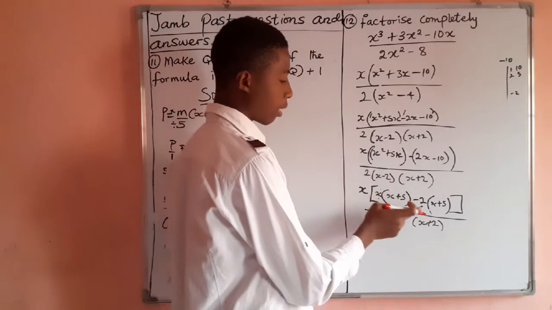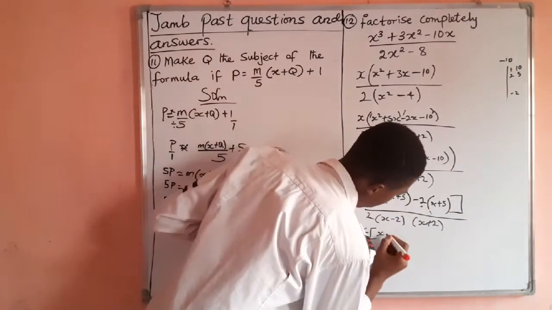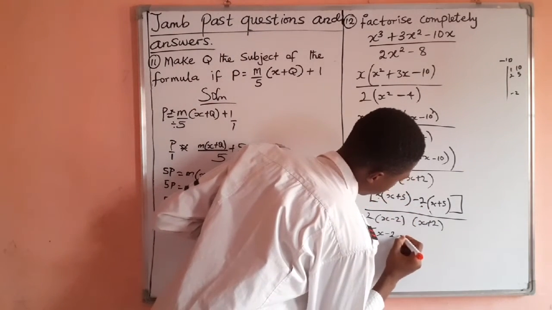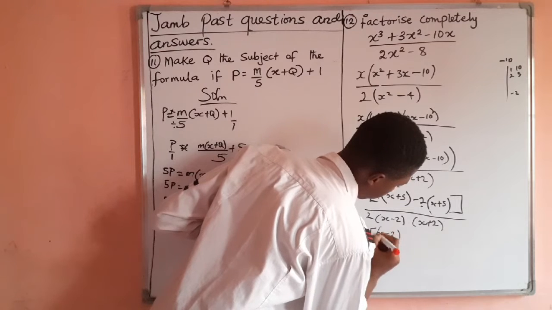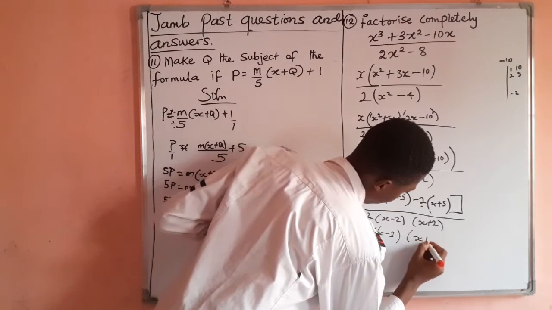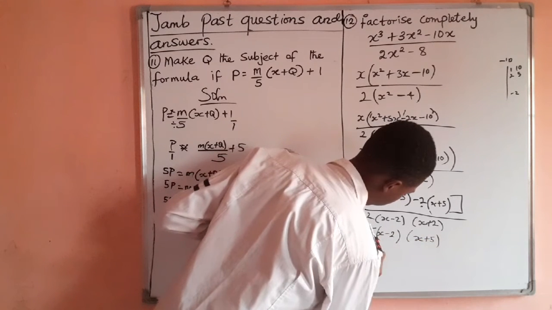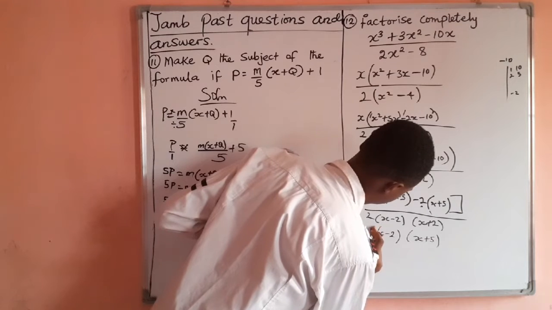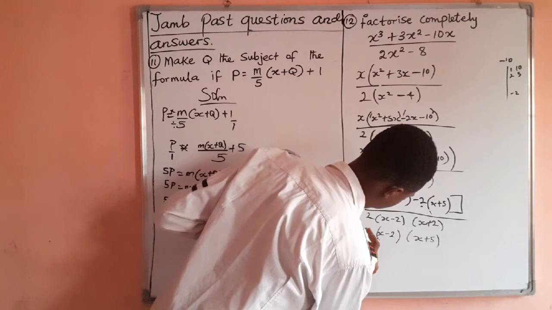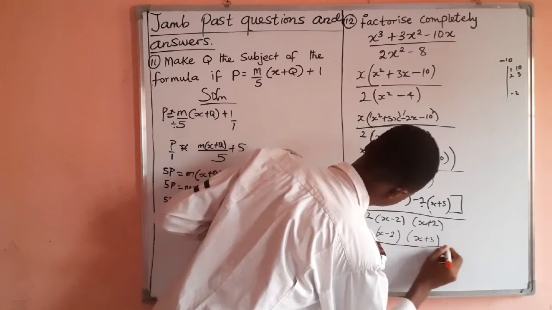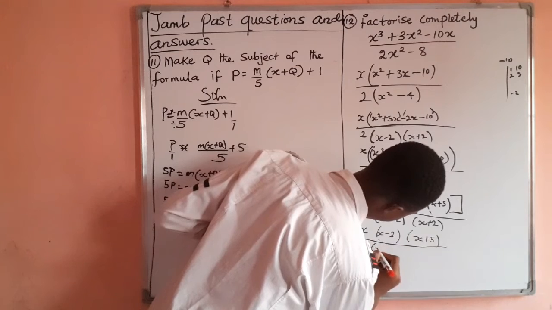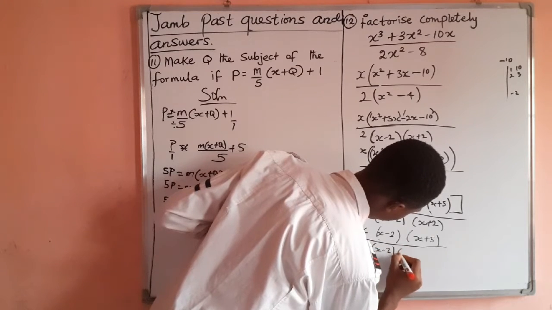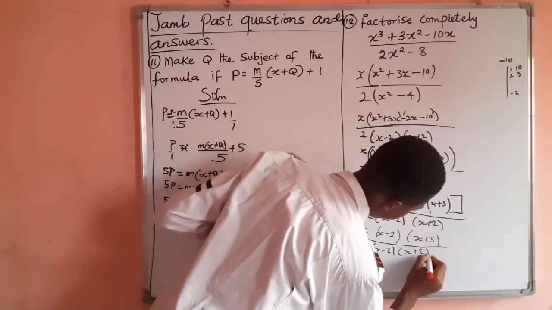Meaning we'll be taking x minus 2 and x plus 5, all over your 2, x minus 2 close bracket, open bracket, x plus 2.